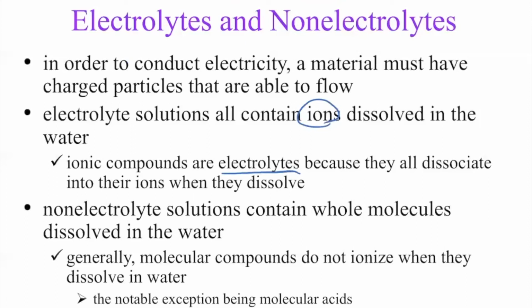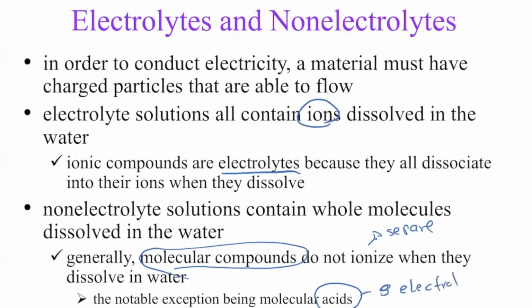Non-electrolytes, such as molecular compounds, dissolve in water, but generally they do not ionize or separate. When they dissolve in water, they stick together. The exception is acids. Acids are electrolytes.